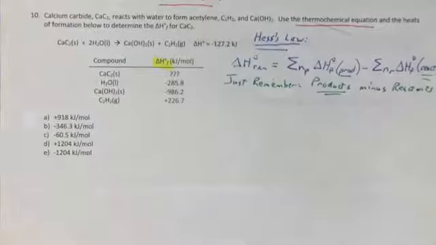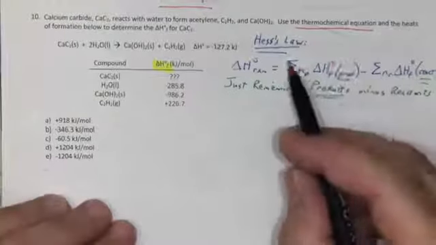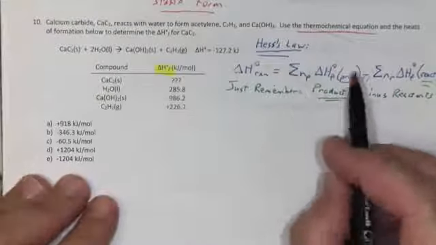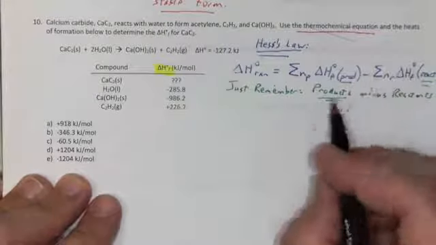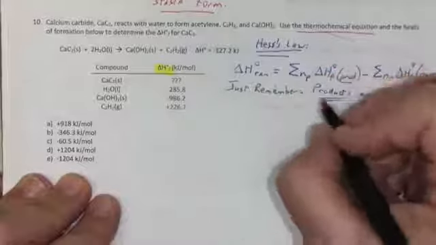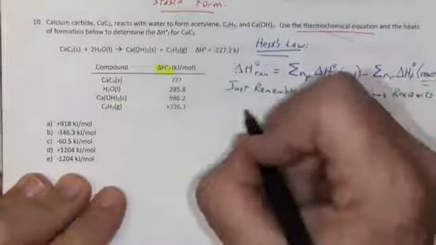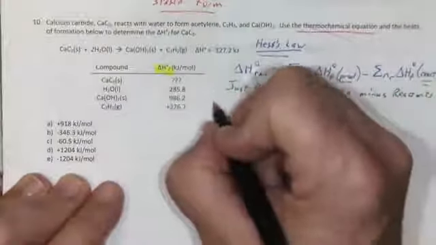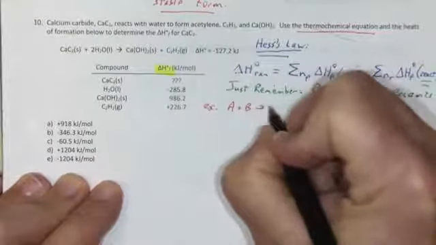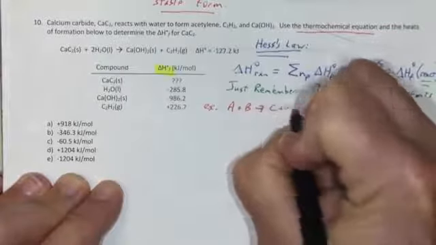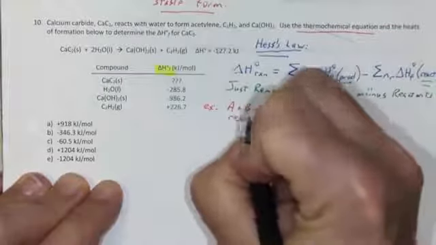Now, I also want to point out one thing, that the capital sigma stands for the sum of, and this is the sum, it's minus the sum of this. Now, remember the distributive principle. Let's say that you have A plus B goes to the products C plus D. So these are the reactants and these are the products.